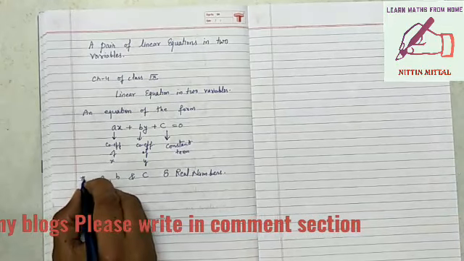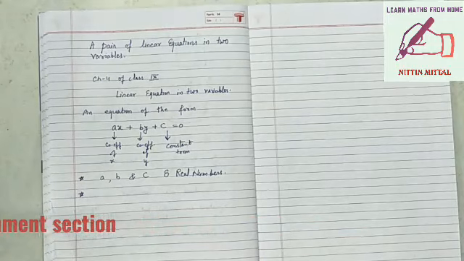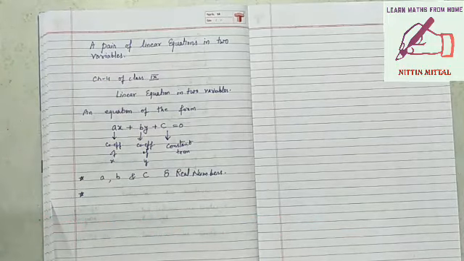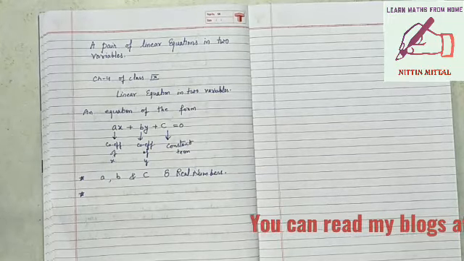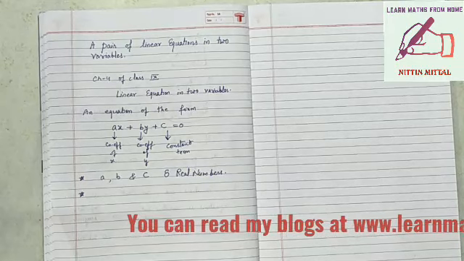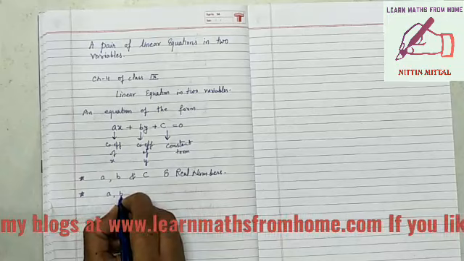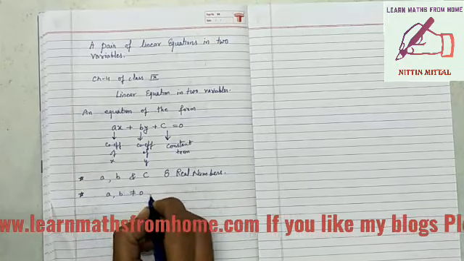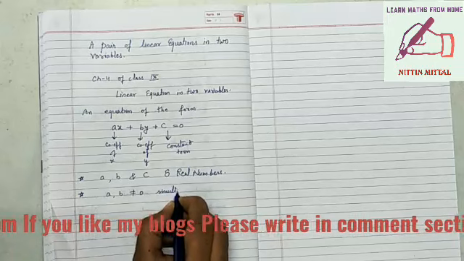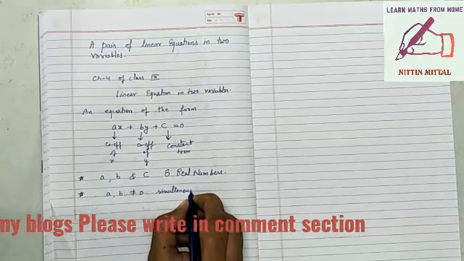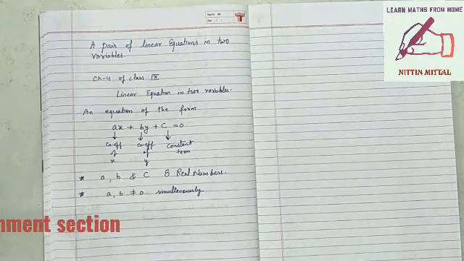Now another important point that you must note in this case, a and b means coefficient of x and coefficient of y cannot be 0 simultaneously.